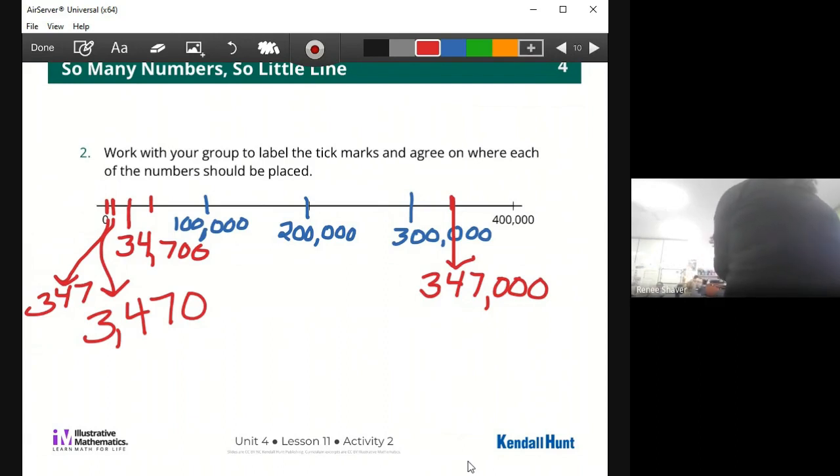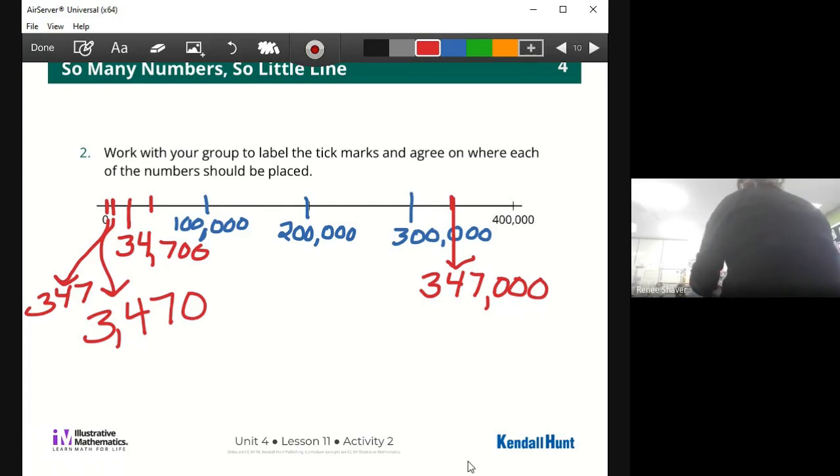Right, and there's just 4 equal parts, so it has to divide 400,000 equally, right? So you counted by like 5,000? Yes. Wow, I didn't even think of that.